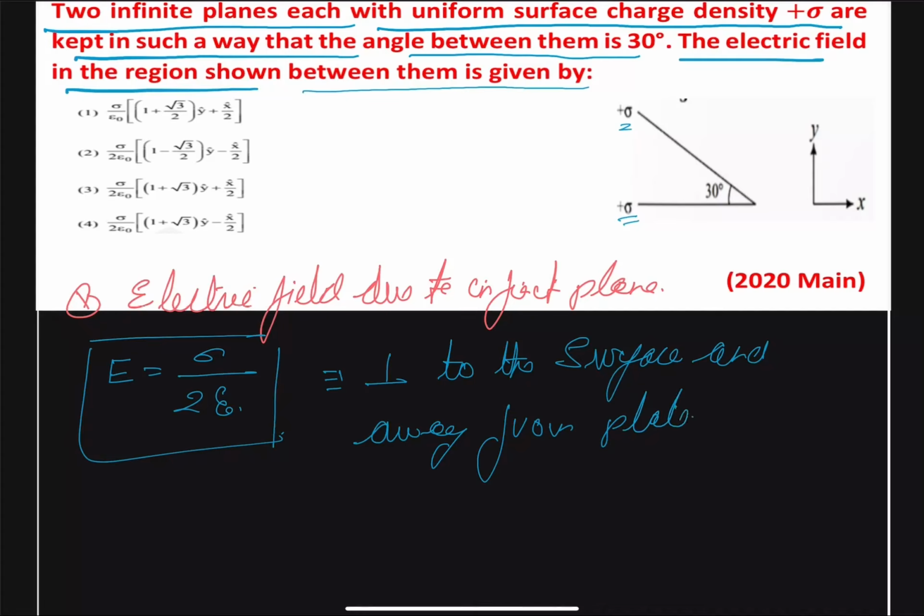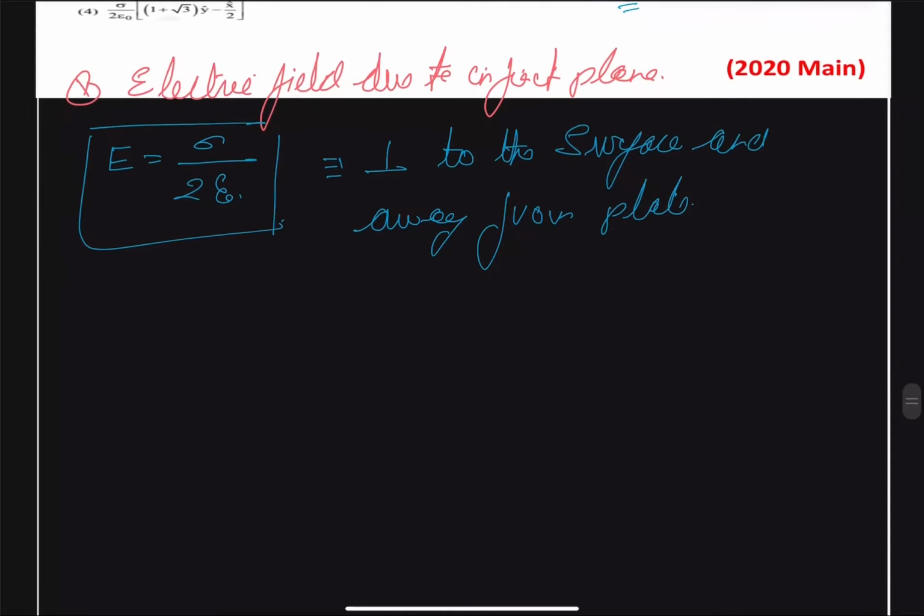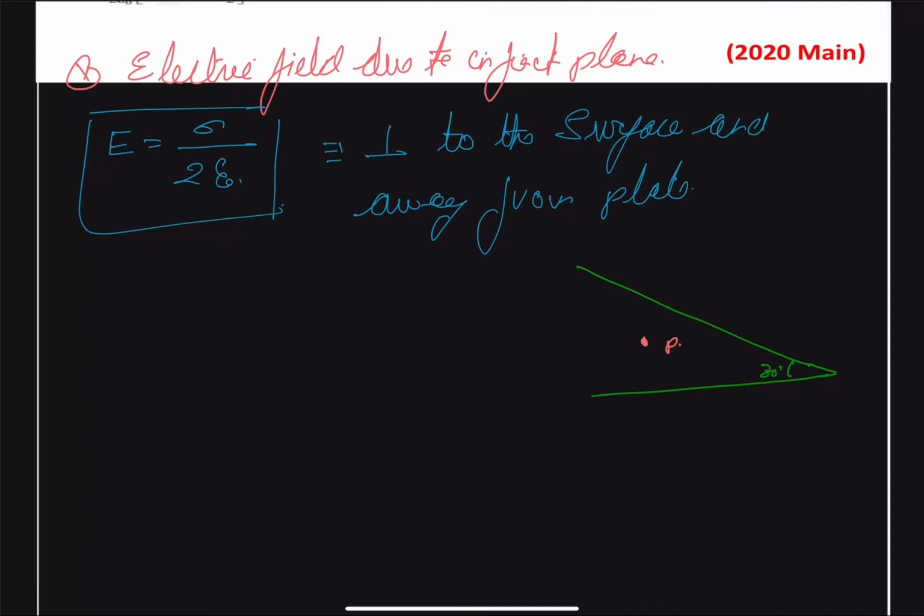So here we are having two surfaces at a certain angle. Let me redraw the figure. This angle is given as 30. Let us consider a point P, and we are going to find the net electric field at this point.